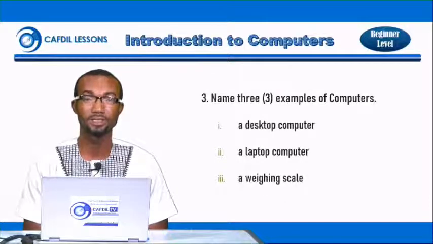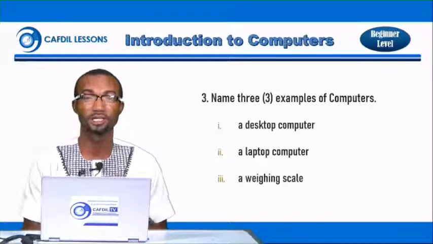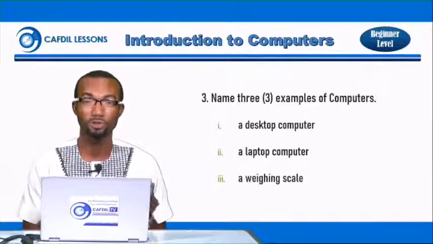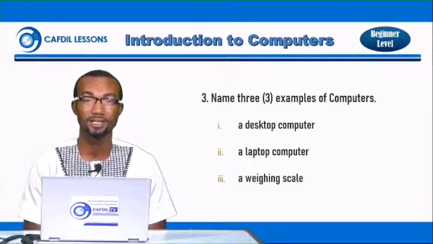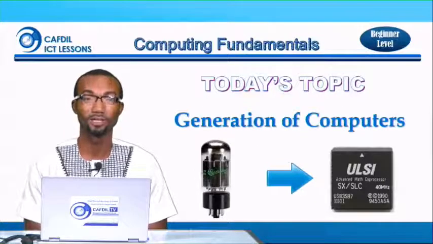A weighing scale, both the one we use to check the weight of human beings and the one we use to check the weight of objects. We saw all the pictures the last time in that lesson. Viewers, I hope you all did the homework and you had the questions correct.